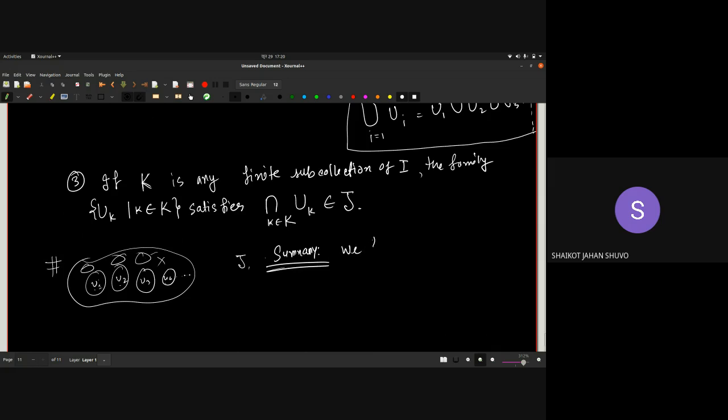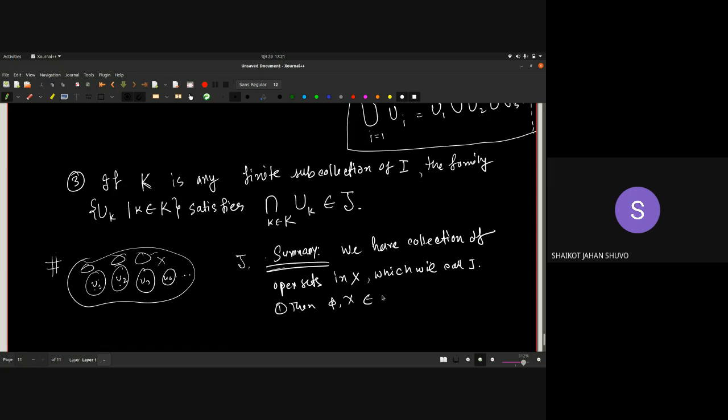We have some collection of open sets in X, which we call tau. Then phi and X have to belong to tau. This is the first condition.